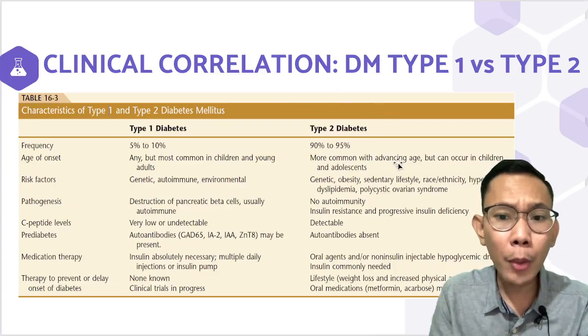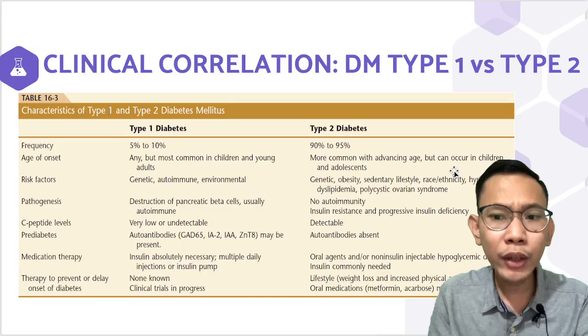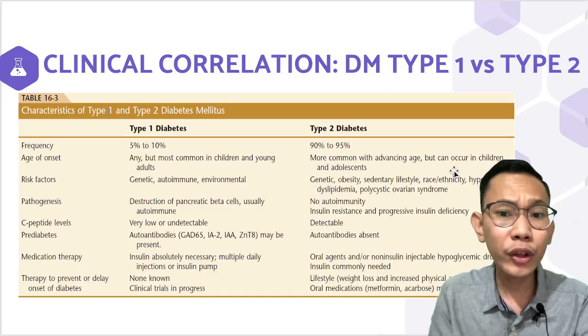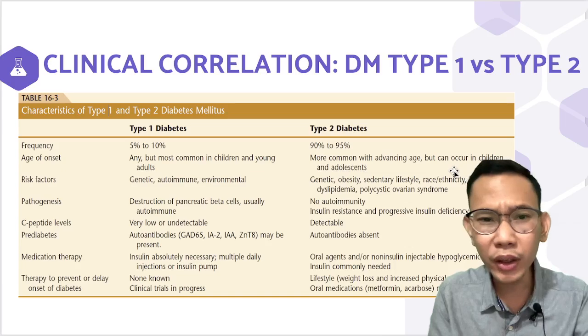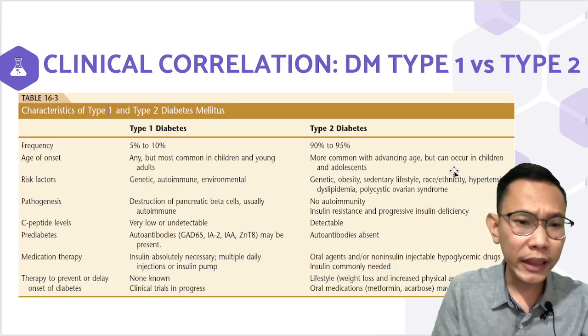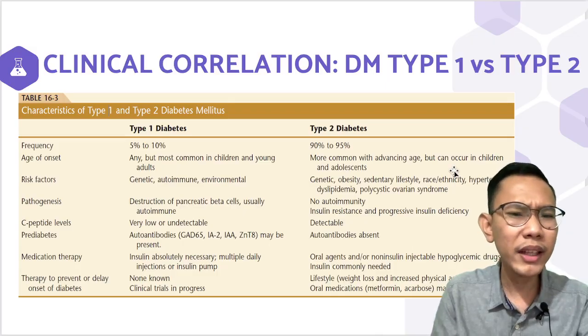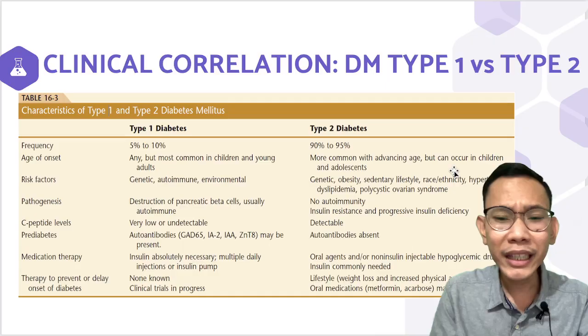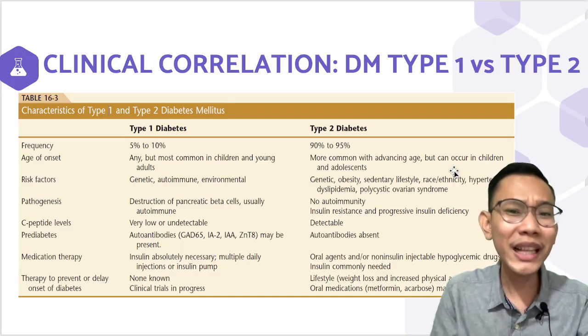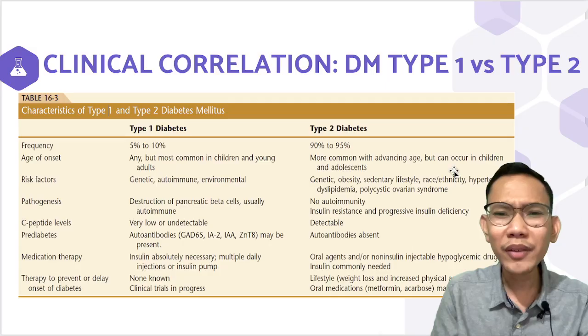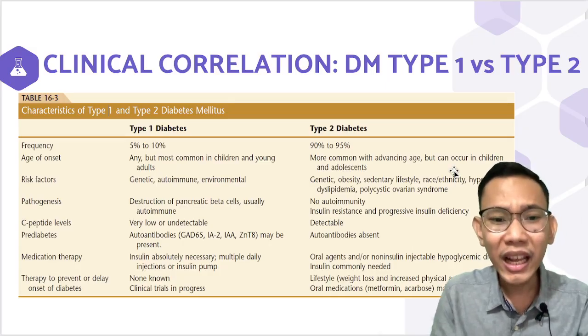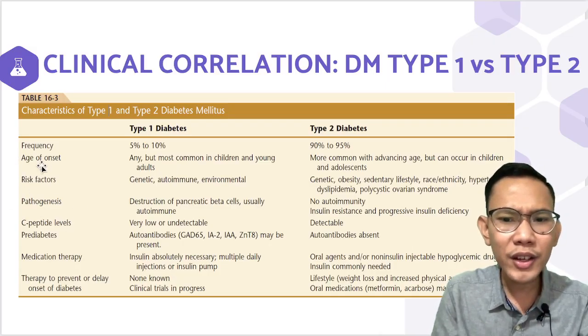Type 2, more common with advancing age, but can occur in your children and adolescents. Di ba, napapansin natin ngayon, nakikita natin na there are so many children that are already obese and they are already at risk of having type 2. And hindi lang at risk, some of them are really having type 2 DM because of our sedentary lifestyle.